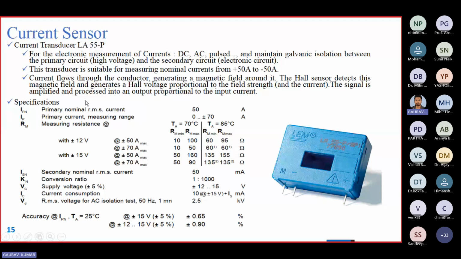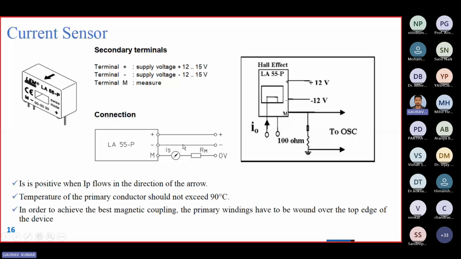These are the specifications which are given. These are the current sensor terminals. It has only three terminals, plus, minus and output. Here you can give a plus minus 15 volt supply or plus minus 12 volt supply, and you only have to design the measuring resistance RM. This is the direction of current.